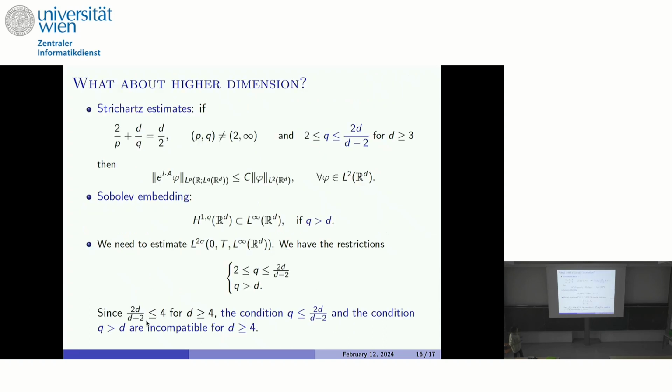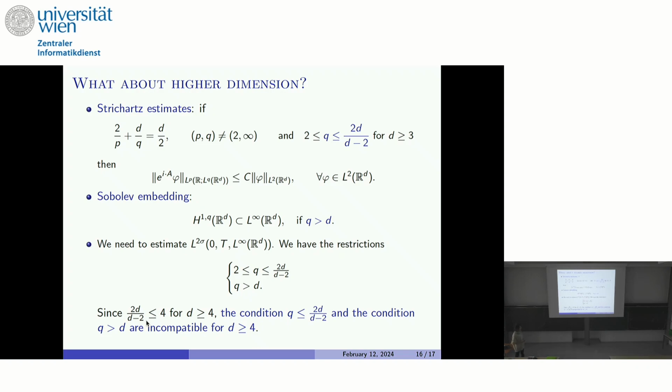And I just want to conclude by saying that this is the technical problem that you have also if you go to higher dimensions. As I said before, our result holds in dimension 2 and 3, because in dimension 4, if you combine the restriction that you have on the Strichartz pairs that depends on the dimension, and the restriction that you have to impose in order for the Sobolev embedding to hold true, you see that you have a system of conditions which is not compatible when the dimension is equal to or greater than 4.